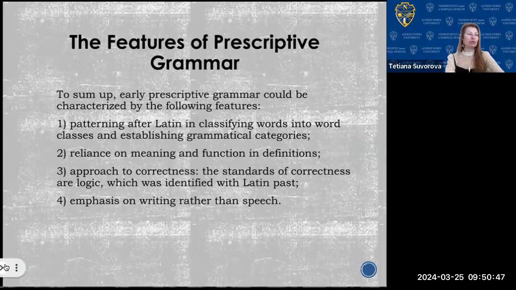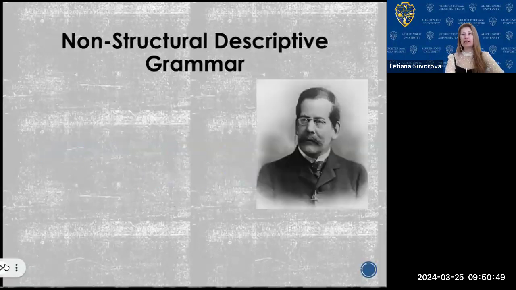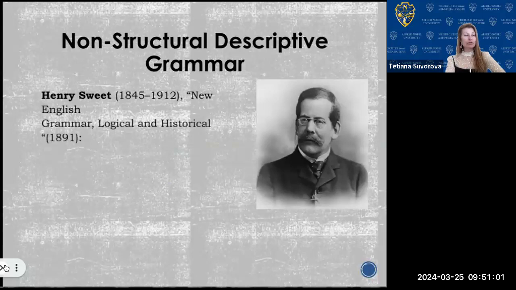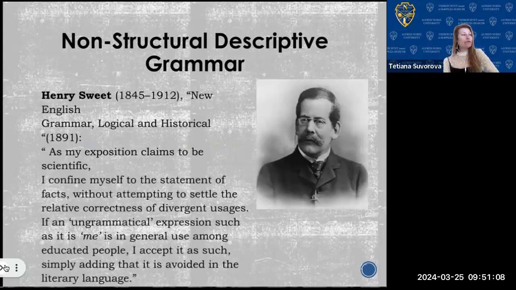That is why grammar traditionally has preserved its original meaning, grammatike, the art to write. Well, the non-structural descriptive grammar appears. So what is this? It is a general vision of the parts of speech and presenting them and laying out the description of one language.